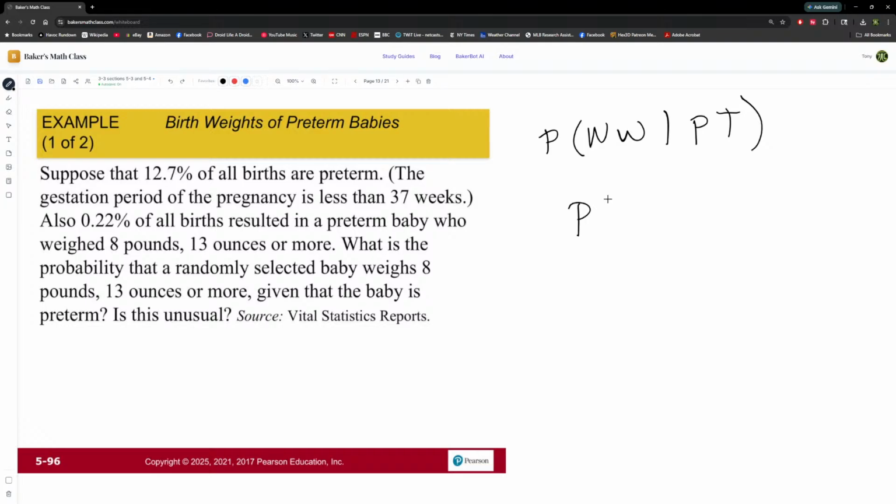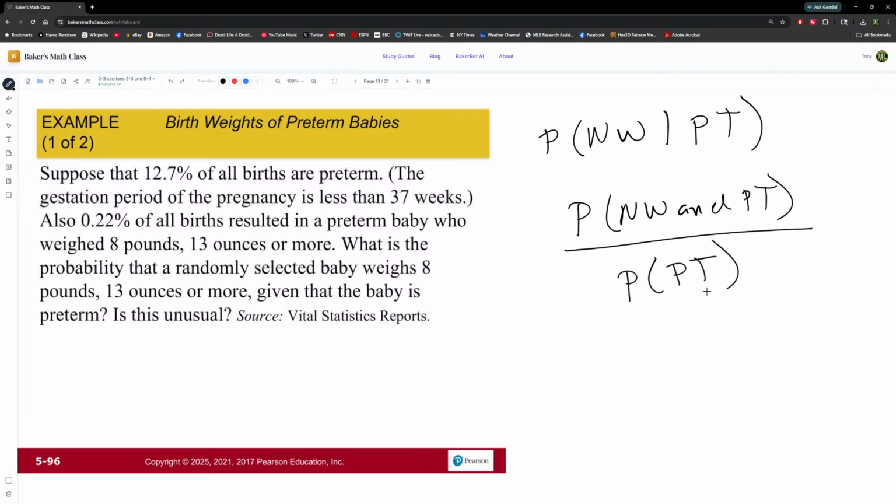So this is the probability of normal weight and preterm over the probability of preterm. Since they're giving them as percentages, I'm going to use the probability there instead of the actual calculation. However, the end result is exactly the same thing.